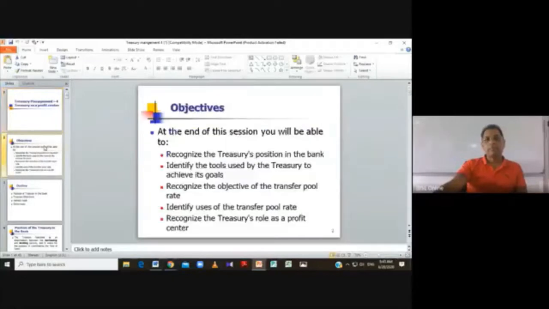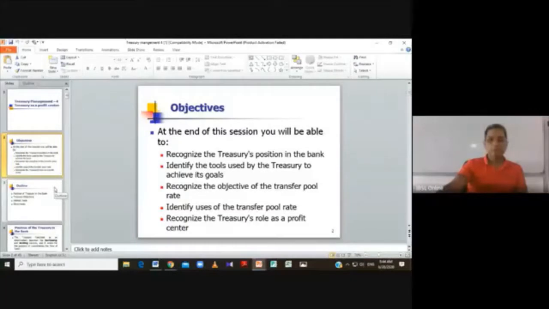At the end of this session, what we want to understand is, we've already done this, but we have to recognize what Treasury's position in the bank is, where it sits in the whole bank's organizational structure. Identify the tools used by Treasury to achieve its goals. Recognize the objectives of the transfer pricing rate. We will come to that. Identify uses of a transfer pricing rate. Again, we will come to that. And again, recognize the role of Treasury as a profit center.